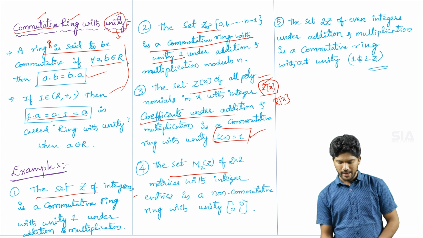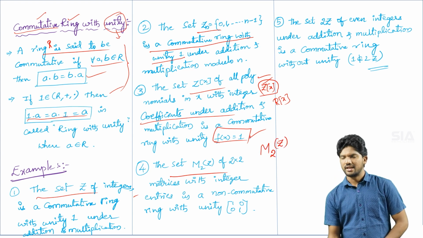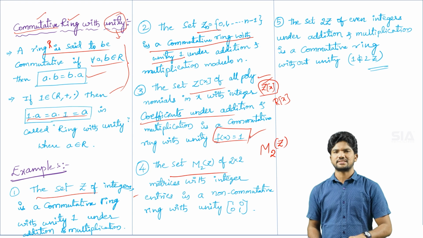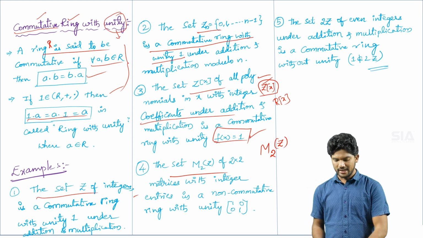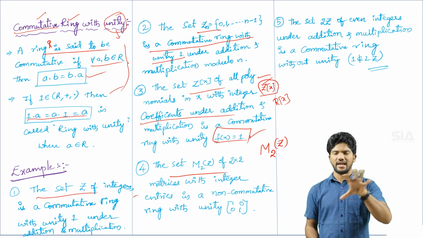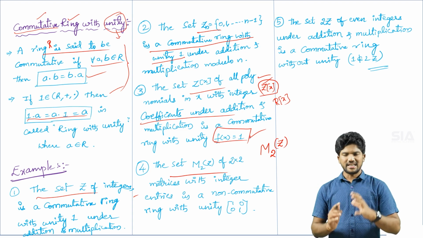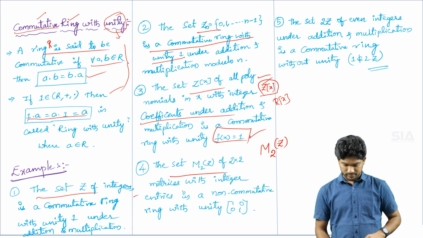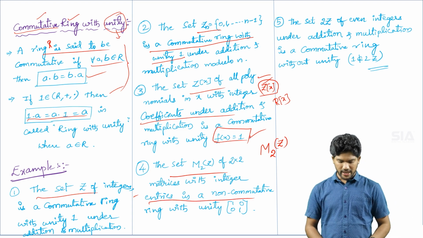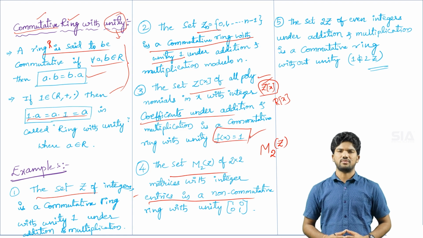Here, M suffix 2 of Z: capital M represents the matrix, suffix 2 represents the order of that matrix, and Z represents that the entries in that matrix belong to integers. The set of 2 by 2 matrices with integer entries is a non-commutative ring with unity, the matrix 1 0 0 1.